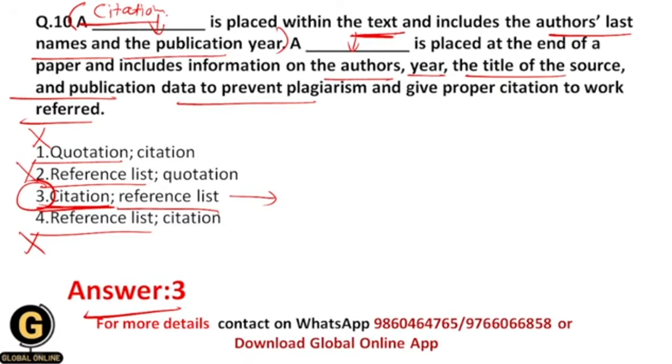It includes information on the author's surname and name, then year of publication, then title of the source, then publication data to prevent plagiarism, and it also gives proper citation to work referred. That's why your correct answer should be 3 over here.